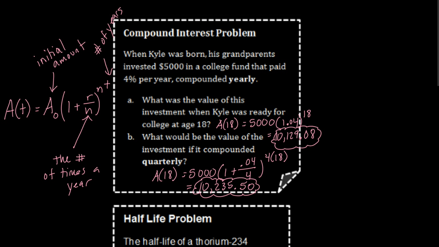You don't get to choose. Whenever you take out a loan, it's always going to be compounded continuously, no matter what it's for, because they want more money. Unless you take out a loan from your parents, then it's like, okay.